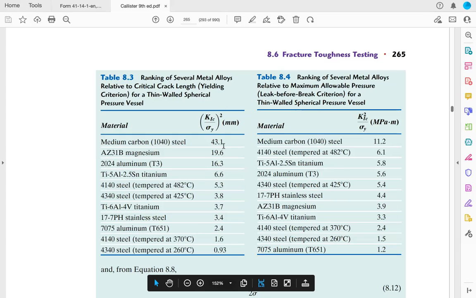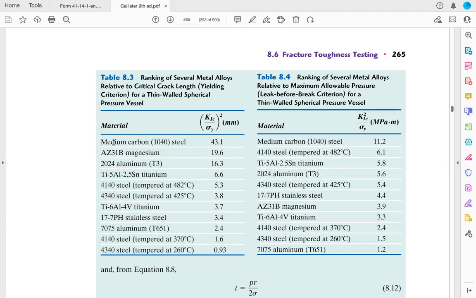Later on you can match them with the unit cost, if you consider the finance and economic scale. You can see that the medium carbon steel 1040 has a very high value, almost 2 times that of the magnesium alloys, or almost 3 times that of the aluminum alloys.